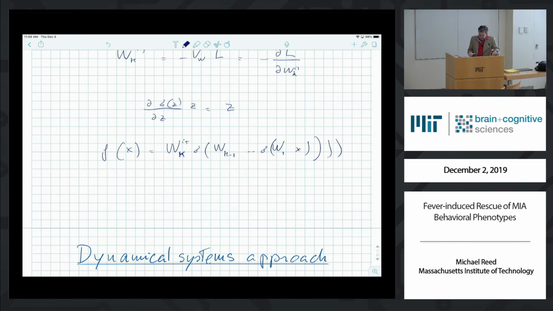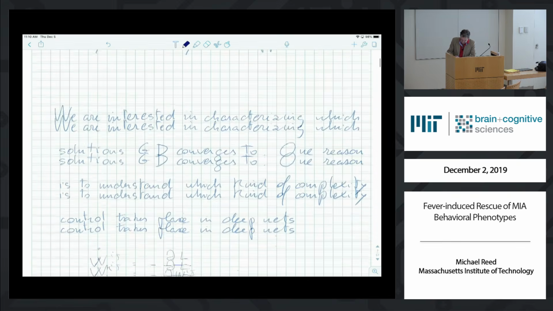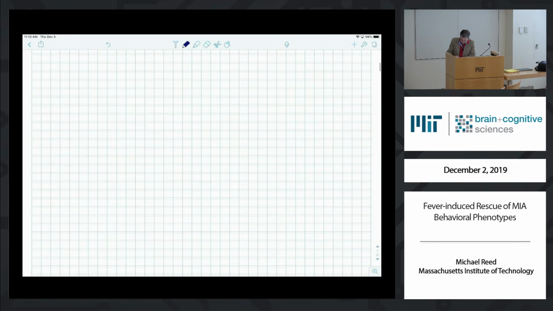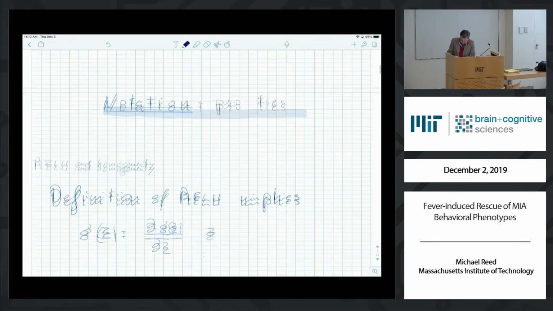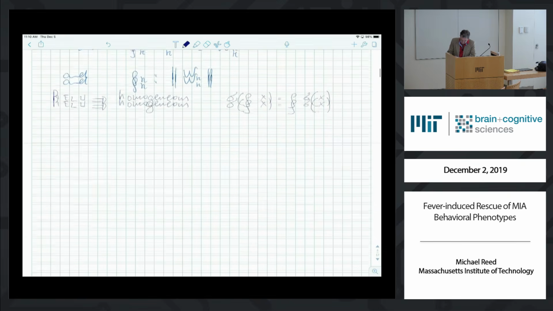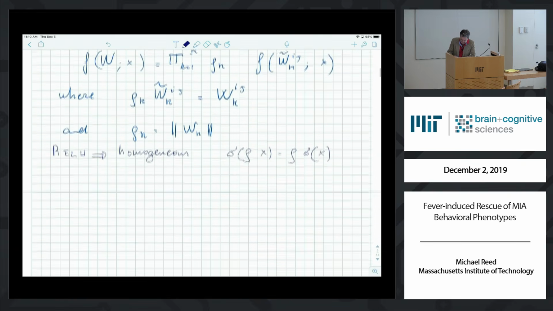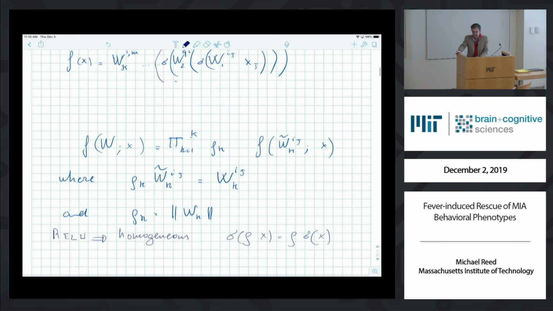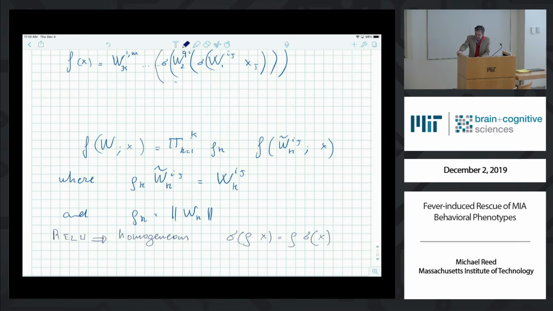Now, because of the ReLU, I can define an alternative way to write the network, which is given here.